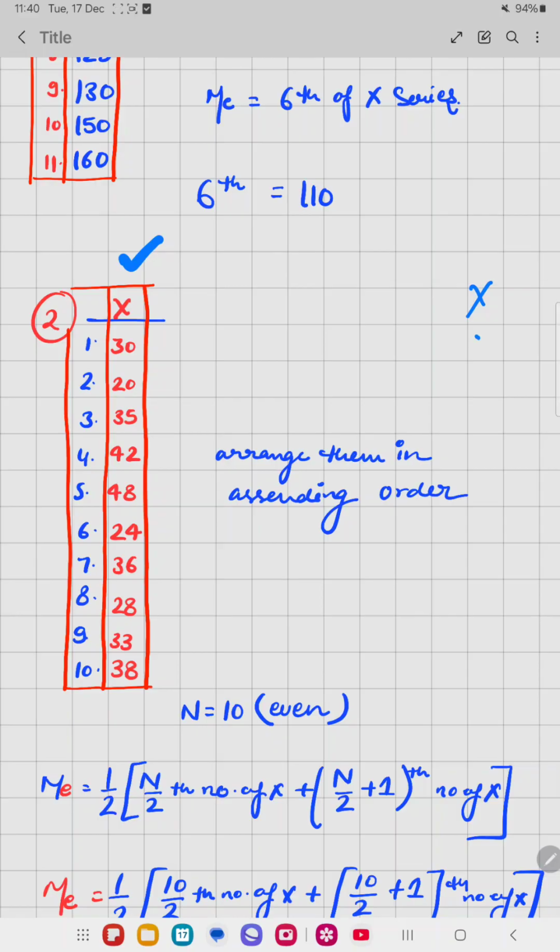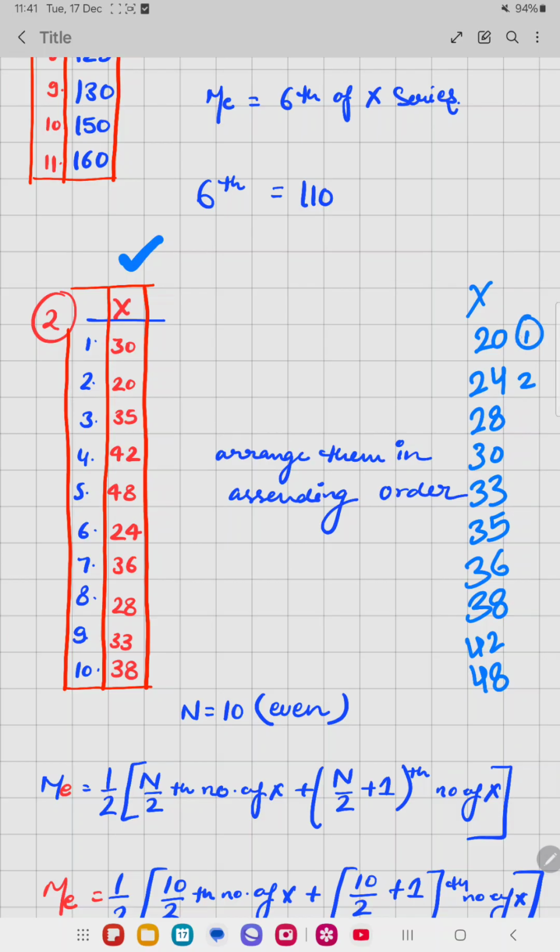So here the x values are 20, then 24, then 28, then 30, then 33, then 35, then 36, then 38, then comes 42 and 48. In total these are 1, 2, 3, 4, 5, 6, 7, 8, 9 and 10. 10 is an even number.